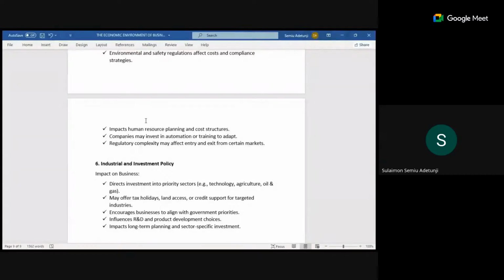This may offer tax holidays, land access, or credit support for targeted industry. Encourages businesses to align with government priorities. Influences research and development and product development choices. Impact on planning and sector specific investments.